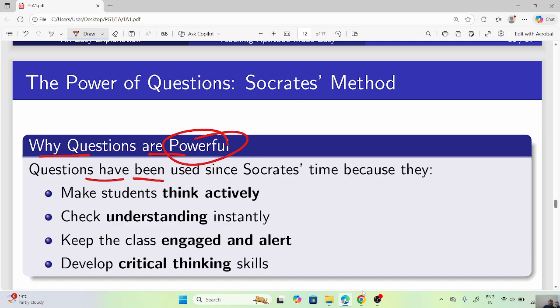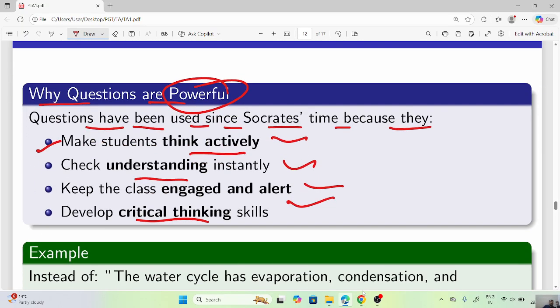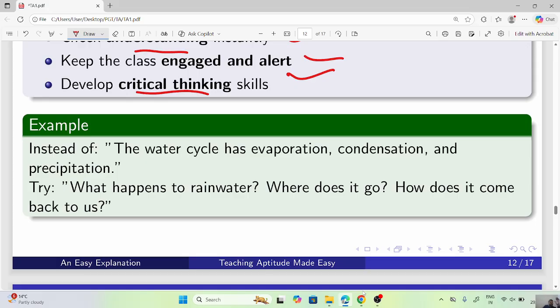Questions have been used since Socrates' time because they make students think actively, check understanding instantly, keep class engaged and alert, and develop critical thinking skills. So questions are so important.